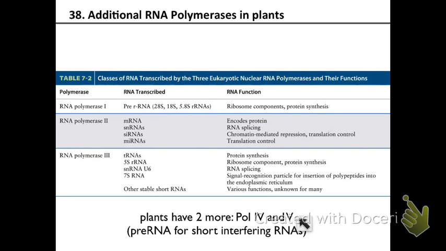And these are specialized to transcribe parts of the genome that encode short interfering RNAs. And you're going to learn more about these in the lecture on post-transcriptional gene regulation, where short interfering RNAs are going to repress genes. Okay? And that's it for today, and I'll see you in a couple of weeks, I think.